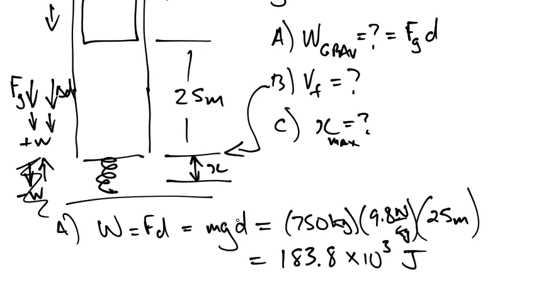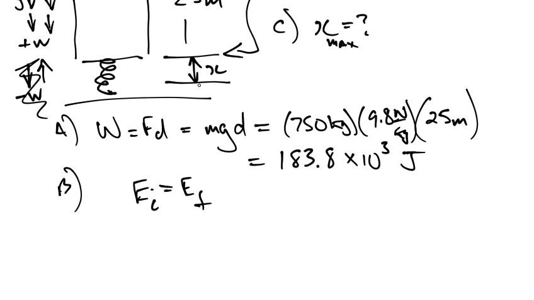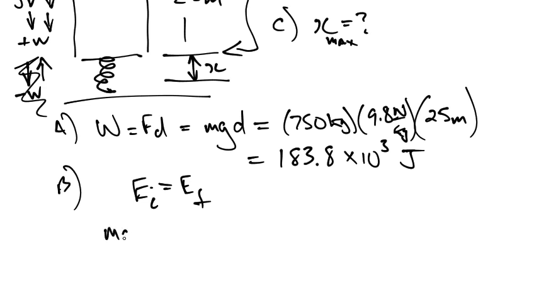Now, question B says, how fast was it going? In order to do this question, of course this is an energy problem, so we have to use energy. Okay, so at the top, all we have is mgh, which is gravitational potential energy.